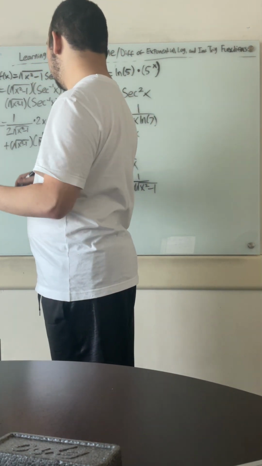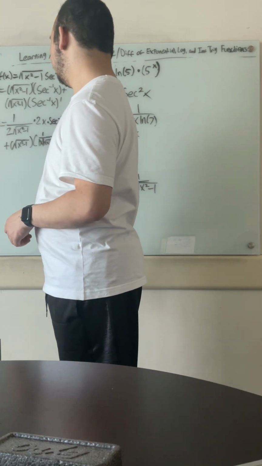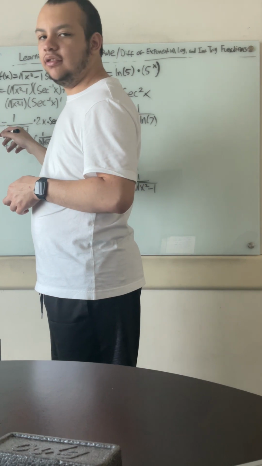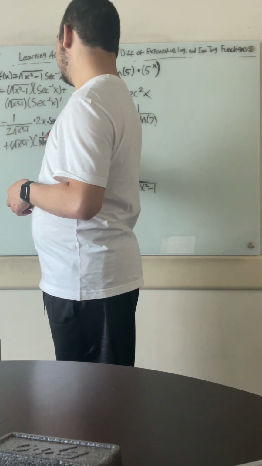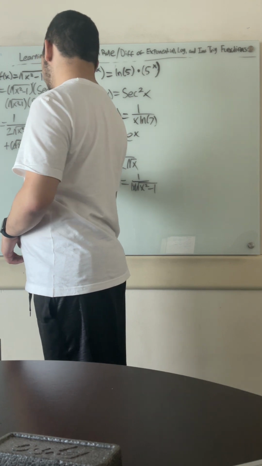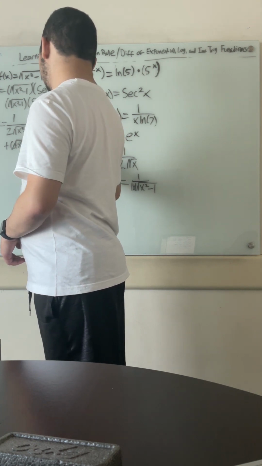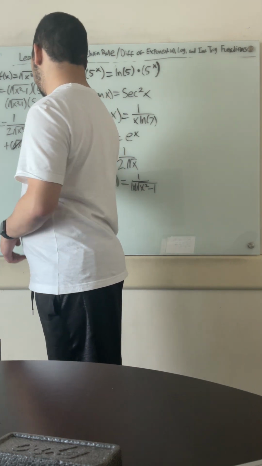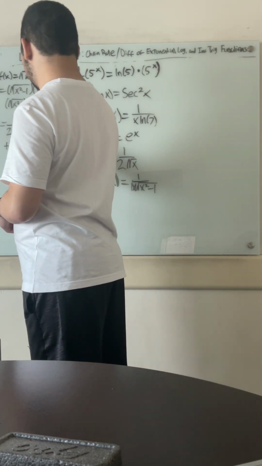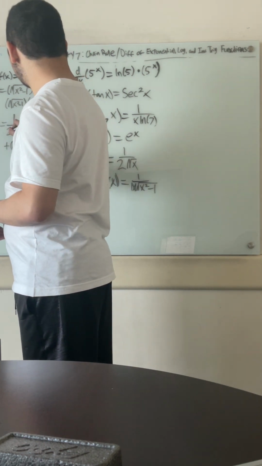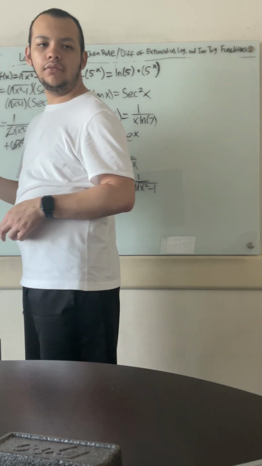All right, so we can already denote several things. For starters, when we multiply the square root of x squared minus 1 times this, we can denote that this cancels out, so the square root of x squared minus 1 cancels out right here. And we also denote that the 2's right here cancel out.